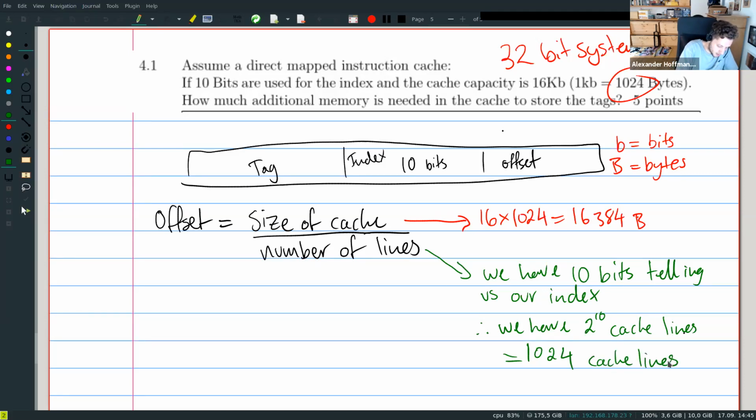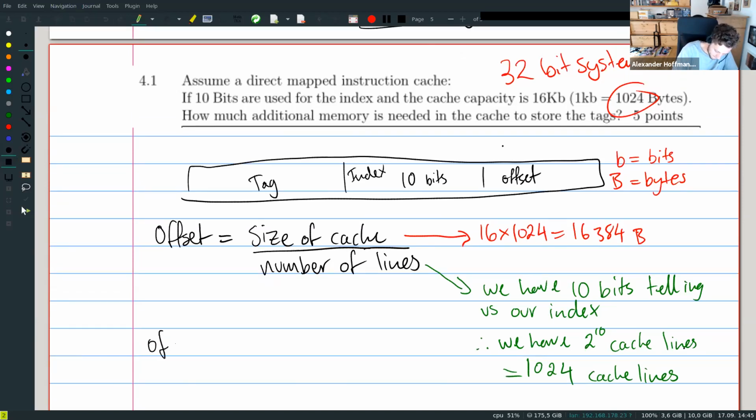Now we should be able to go out and figure out how big is our offset, right? Offset equals 16, yeah, could be. So offset equals 16,384 divided by 1024. Yeah, perfect.